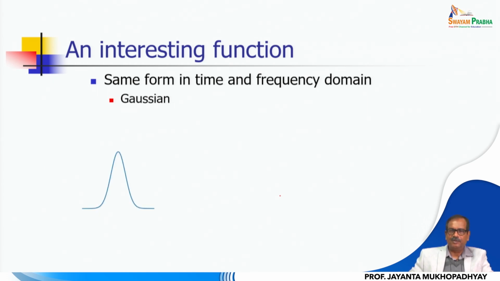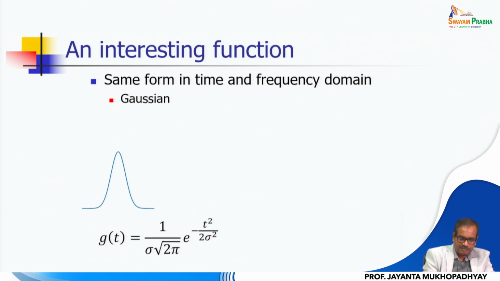If you look at this Gaussian function, suppose it is expressed in this form, you can see that sigma is the effective width. So, this is twice sigma, the effective width of the Gaussian function, centered at t equal to 0.